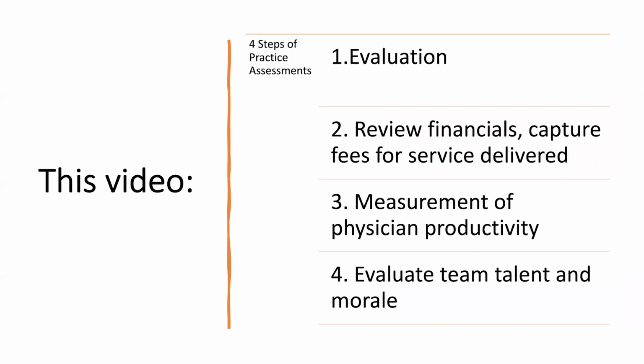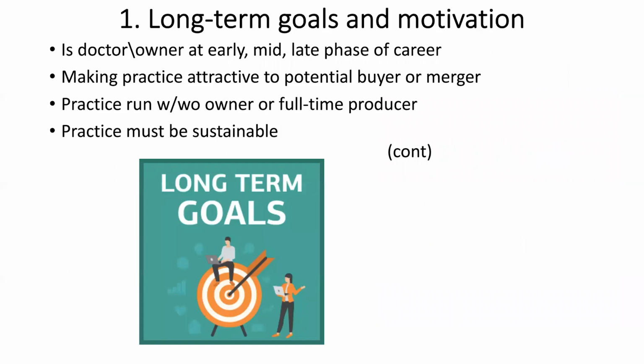This video will cover 4 steps of a practice evaluation, starting with number 1, looking at the long-term goals and motivation of the doctor owner of the practice. We have to concern ourselves: is the doctor at the early, mid, or late phase of his or her career?